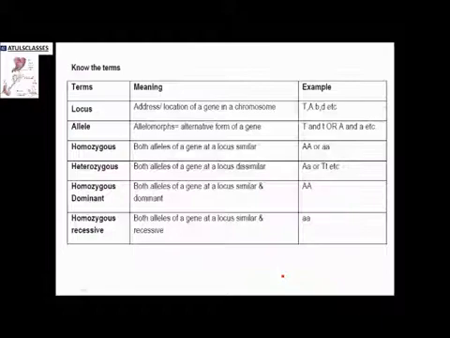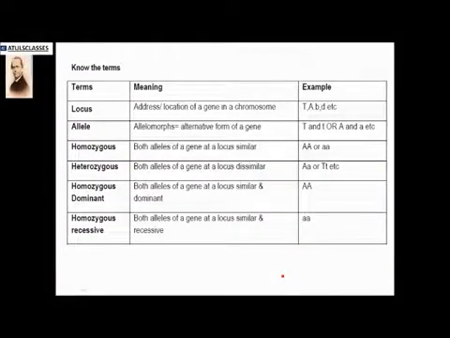So these are also the key words that you should know. Loci is the actual address of the gene. Allele, taken from allelomorphs, is an alternative form of a gene. It can be T, small t, A, small a.